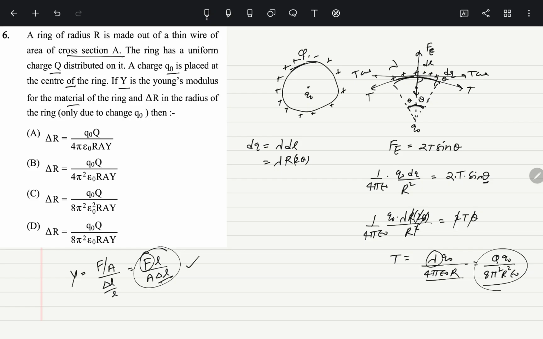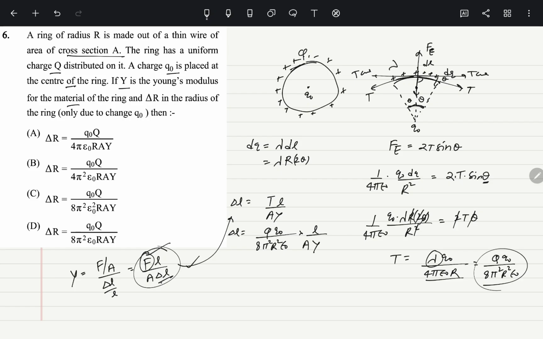Now we have tension, we have force, so from this formula delta L will be equal to tension into length upon A Y. Now just put the value. So tension is Q Q naught by 8 pi square R square epsilon naught into L by A into Y.